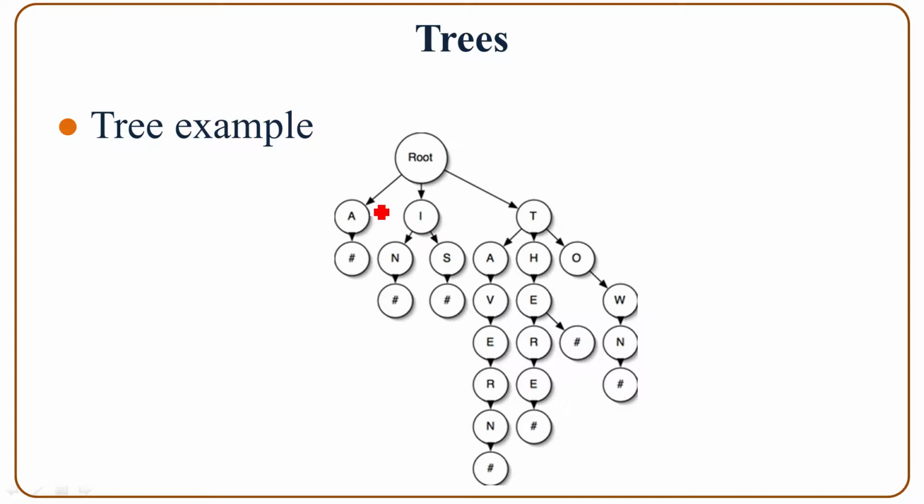You can see this path represents the word a. Another path represents the word in. And the next represents the word is. The node that stores the pound sign is to represent the end of the word.